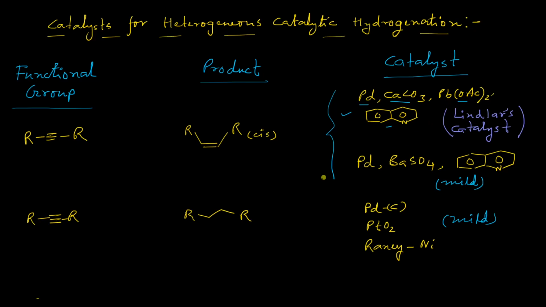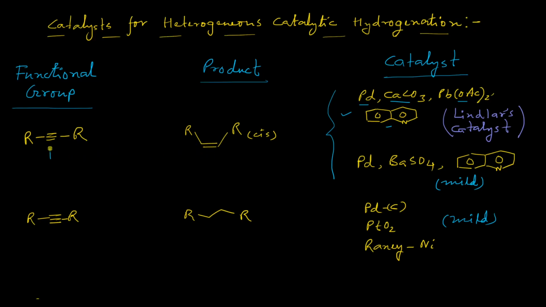Here this lead acetate basically blocks the active center of the palladium metal and thereby inhibits further reduction of the alkene, which is reduced from the alkyne. And here you have to also remember one thing, that the chemical adsorption of an alkyne happens at a much faster rate than the alkene.